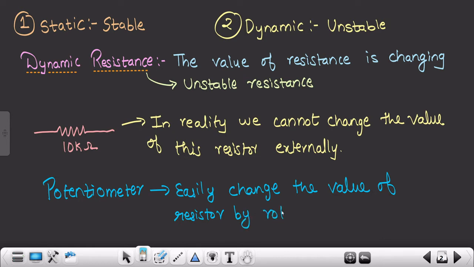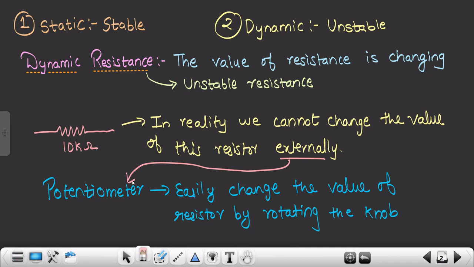We all know this concept. We rotate the knob and then set the resistance according to our desire, right? So basically we are again changing the value externally, changing the value of this particular potentiometer externally.